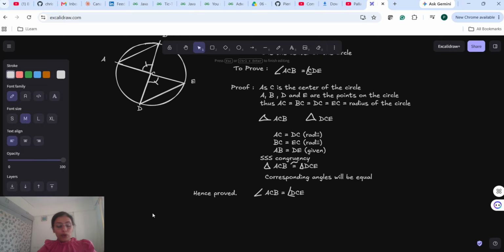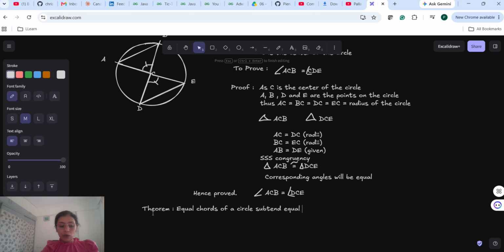So now if we have to put it in the form of a theorem, what will that be? That will be: equal chords of a circle subtend equal angles at the center of the circle, right?